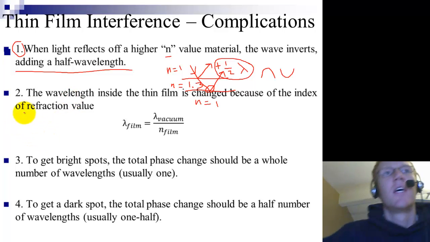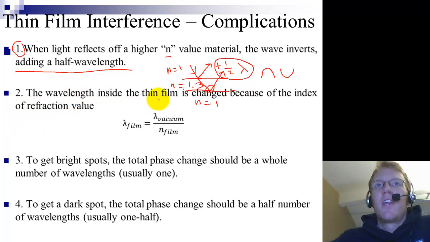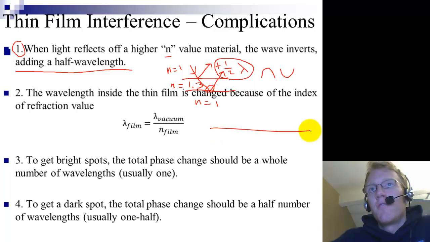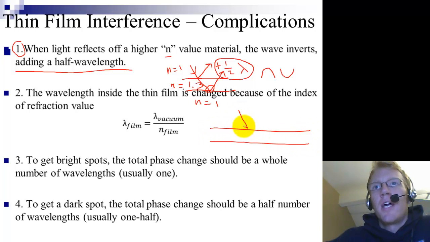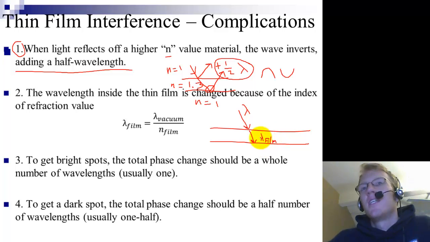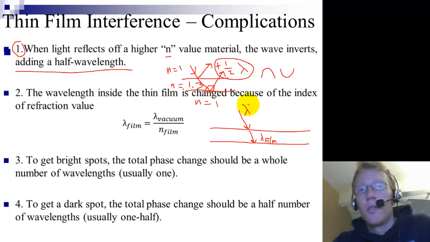The second thing is the wavelength inside the thin film is changed. So if you've got a thin film, when the light is coming in, it has a certain wavelength. But when it comes through the material, it's got the wavelength in the film. And the wavelength in the film is actually going to be different than the wavelength outside because you learned that when light travels into a medium, it changes speed and therefore changes wavelength.